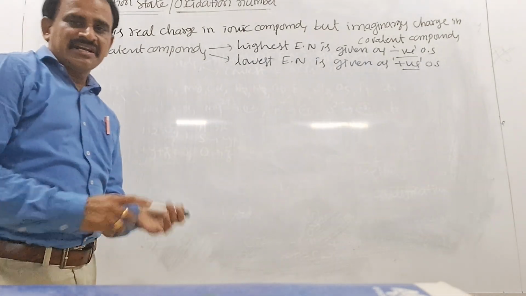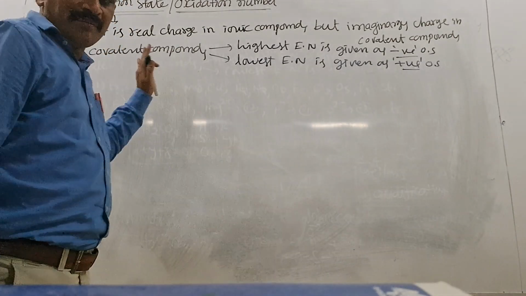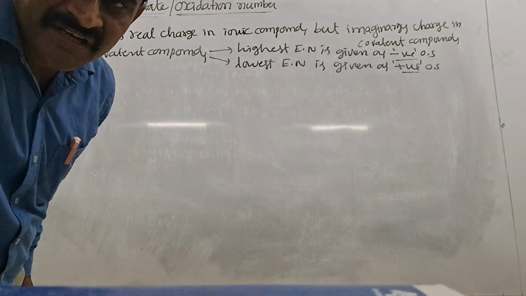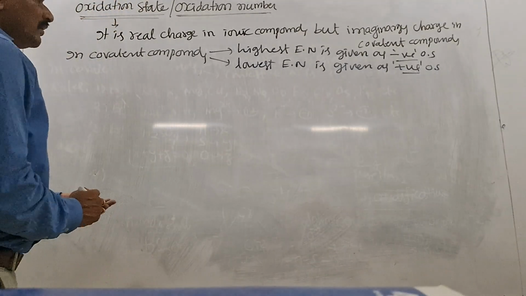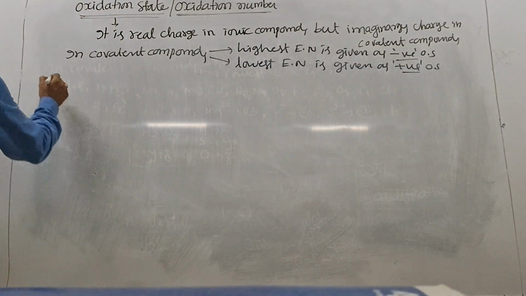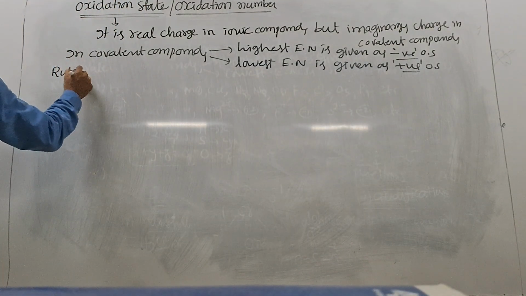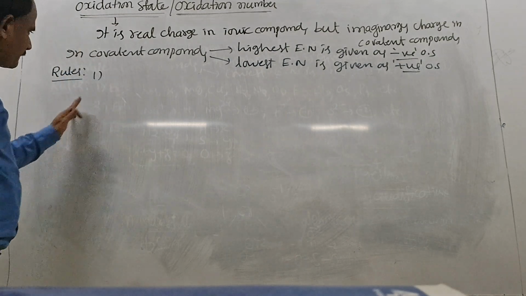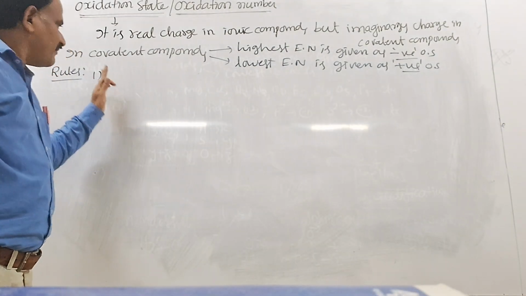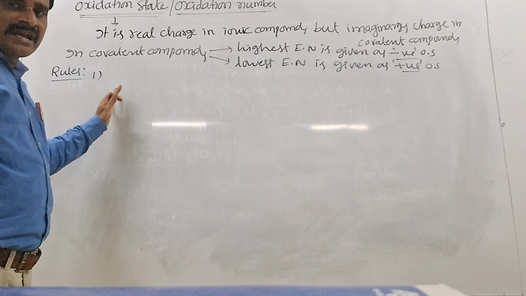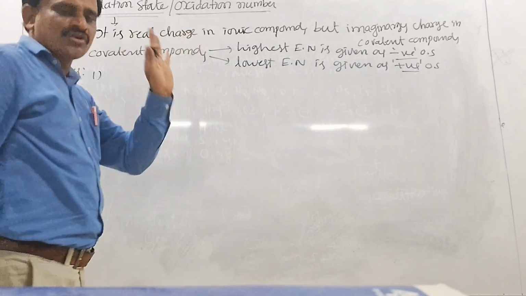Before going to the calculation of oxidation state of a central atom in a given compound, you have to go through some rules. What are the rules here? Now, rule number 1. The oxidation number of an atom in uncombined state is always 0.